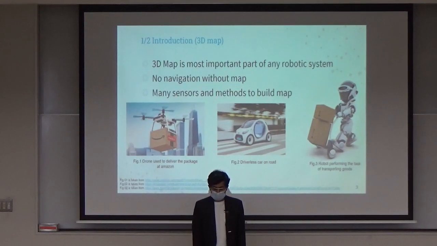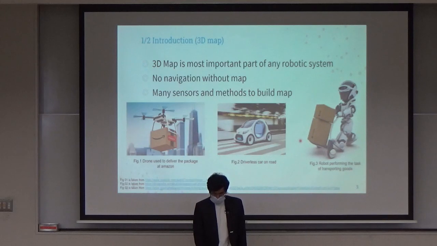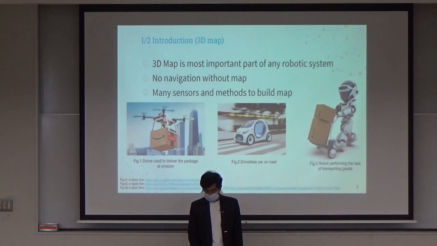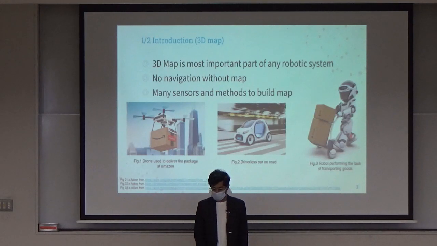A 3D map is the most important part of any robotic system. Here you can see in figure 1, a drone is used to deliver a package at Amazon, and in figure 2, a driverless car is shown, and in figure 3, a robot is performing some task to transport some materials.